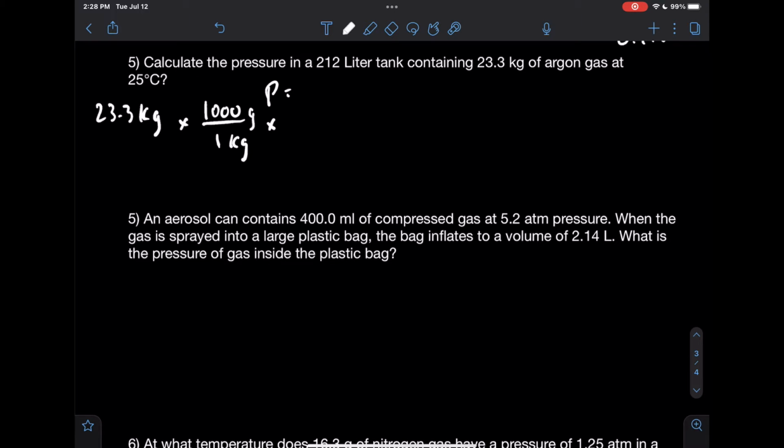The molar mass of argon is 39.95 grams per 1 mole. And after we calculate this out, we'll find that the amount of moles is equal to 583.2 moles.